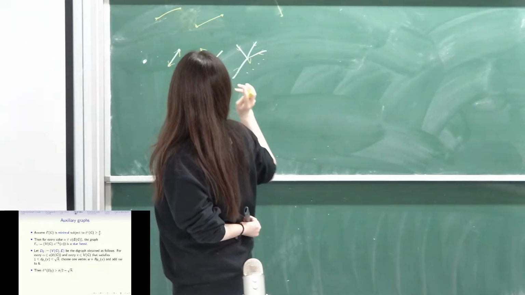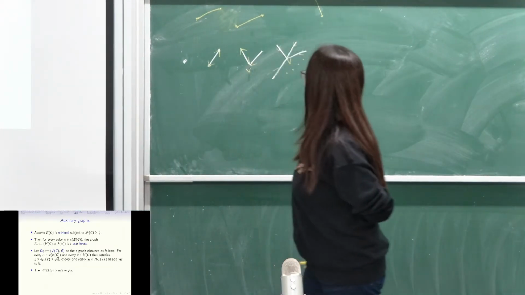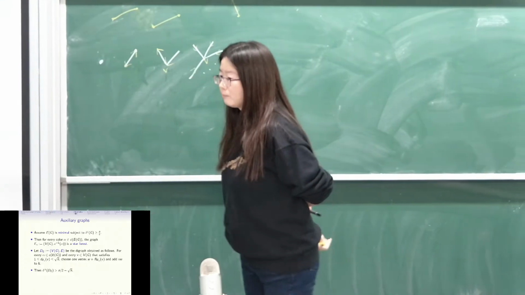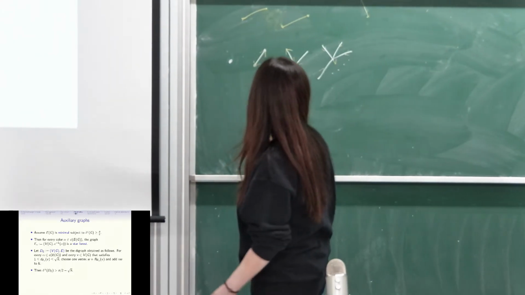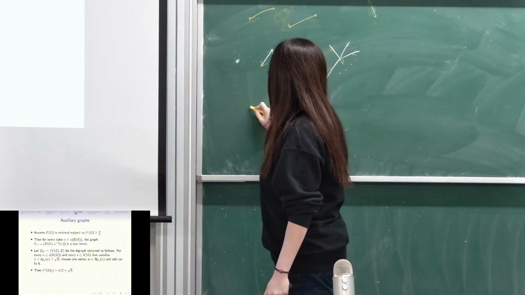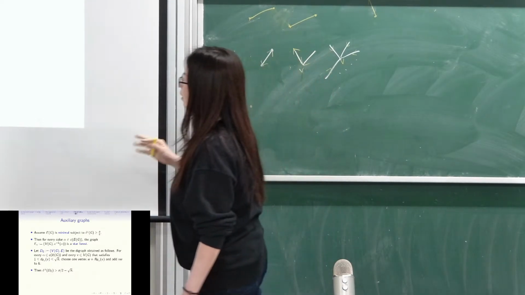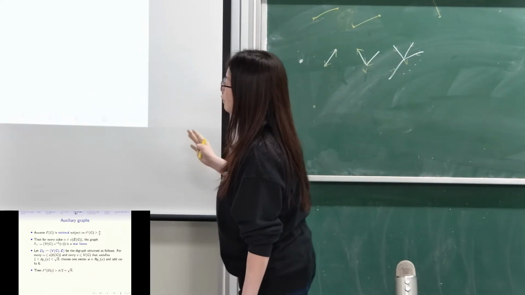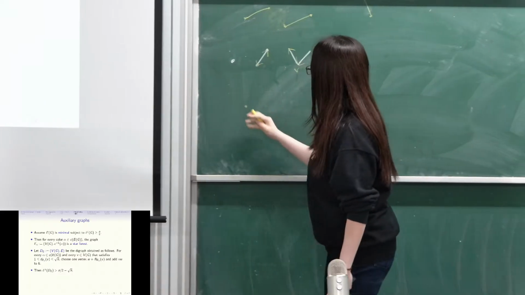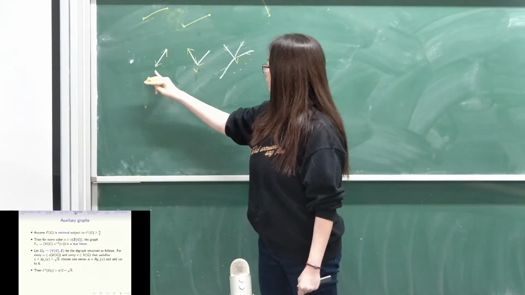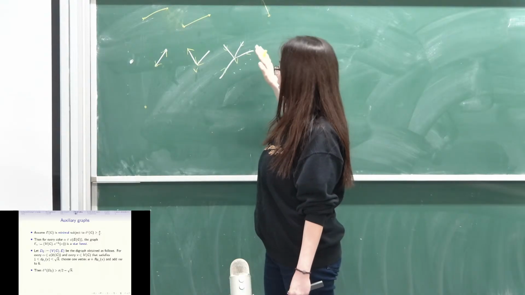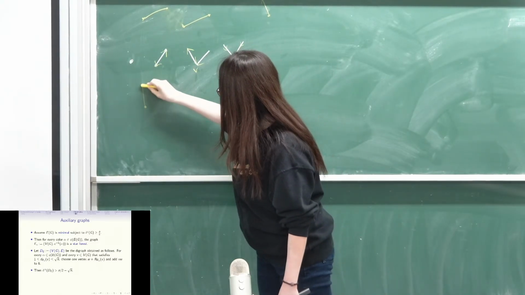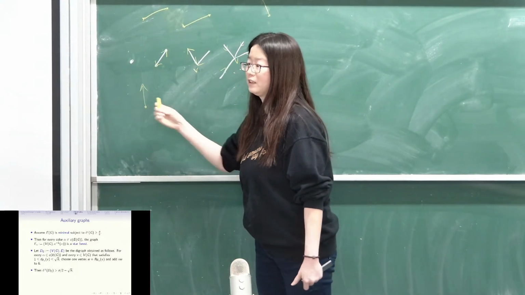And okay, I do this for all the colors. Now in this graph, if I look at a vertex, what's the out degree of the vertex? When we go through all the colors, as long as it sees less than square root of n edges in the color, I add an edge in the color if it sees the color.